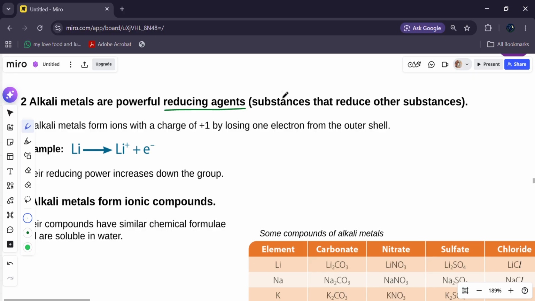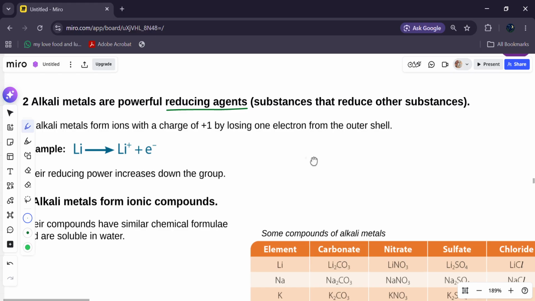That means they are substances that reduce other substances in order to oxidize themselves.